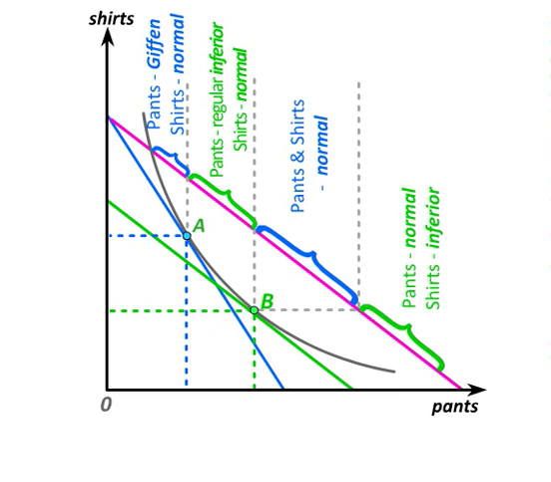Notice that we're drawing that segment all the way down to the horizontal axis because our indifference curve isn't drawn all the way out to the magenta budget and therefore doesn't intersect it. If it did intersect the magenta budget constraint, the line segment would end at that intersection, as it does on the upper end where we indicated the distance where pants are Giffen goods and shirts are normal goods.